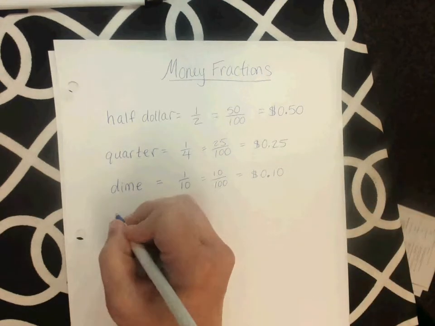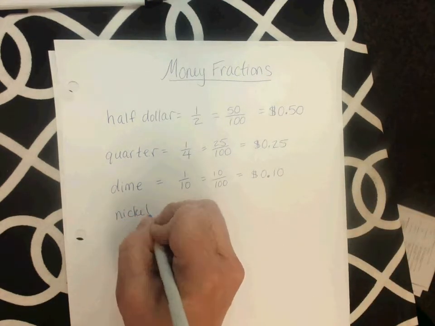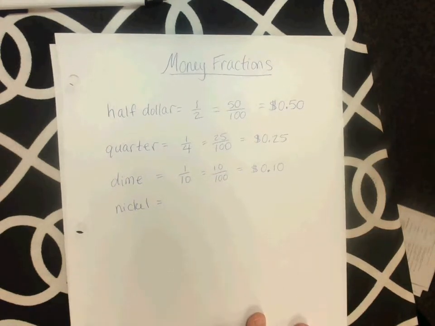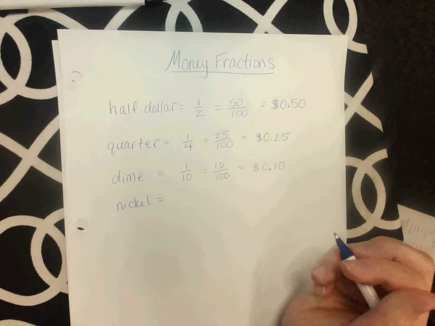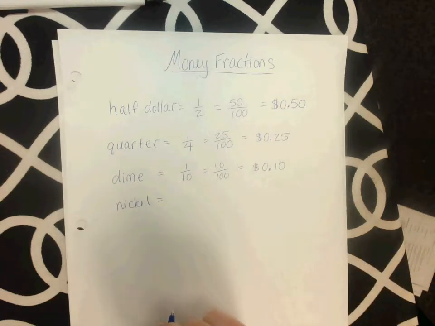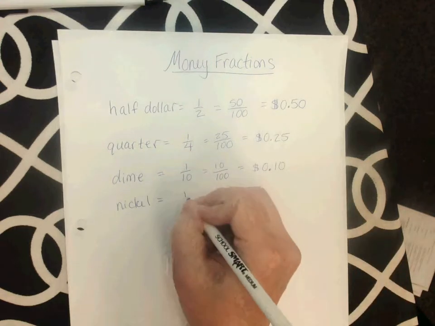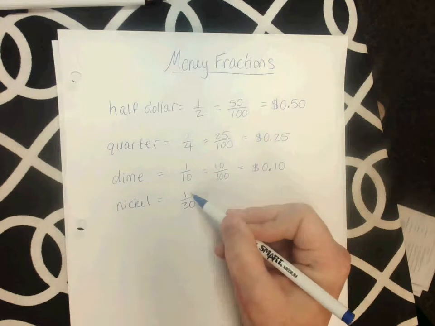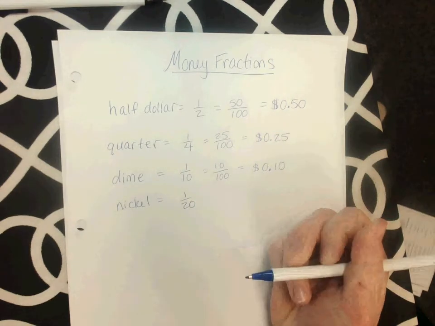For a nickel, we need to think about how many nickels it would take to equal 1 whole dollar. It would take 20 nickels to equal $1. So we can write the fraction 1/20th to represent 1 nickel out of a whole dollar's worth of nickels.